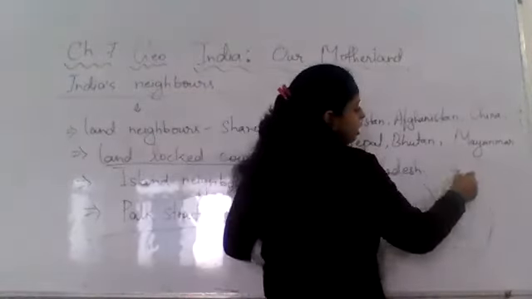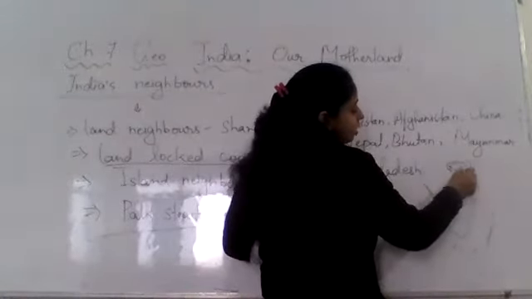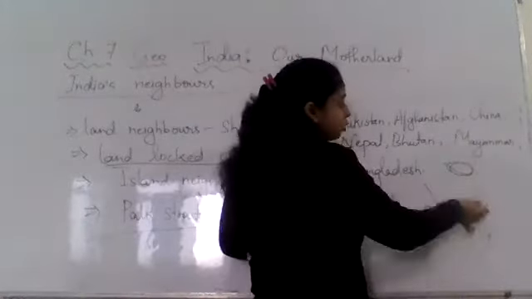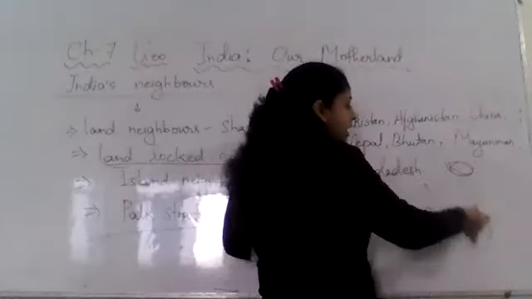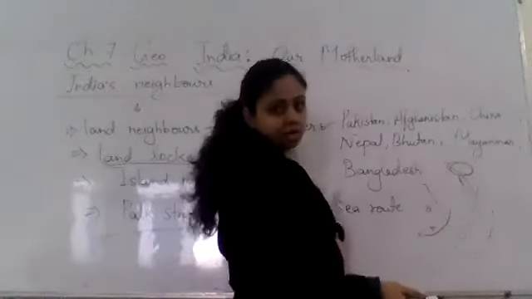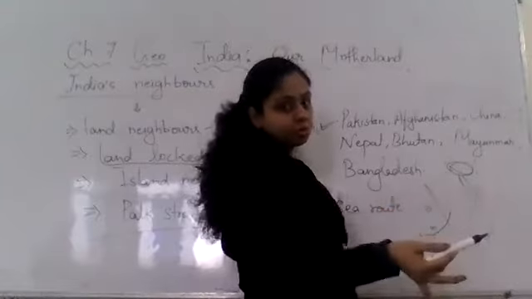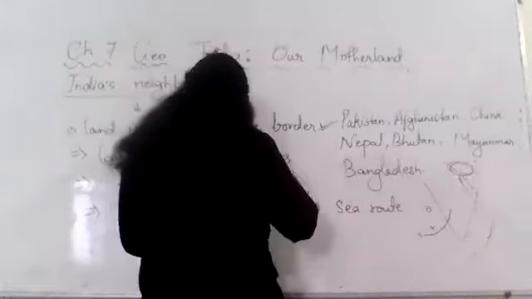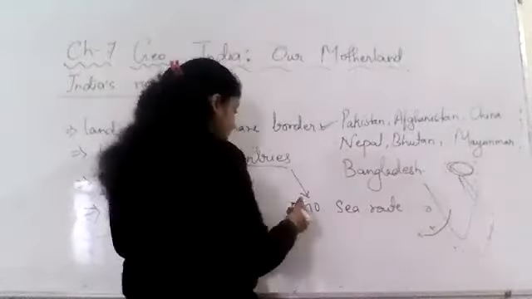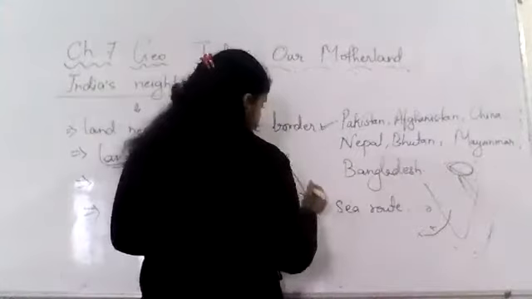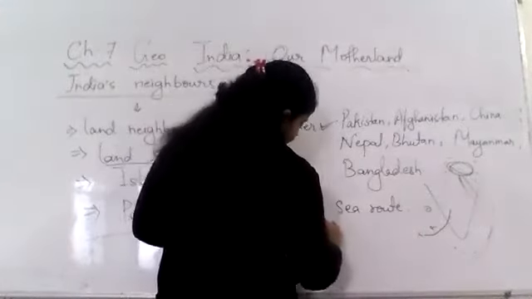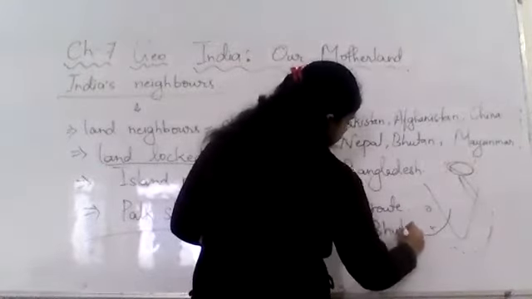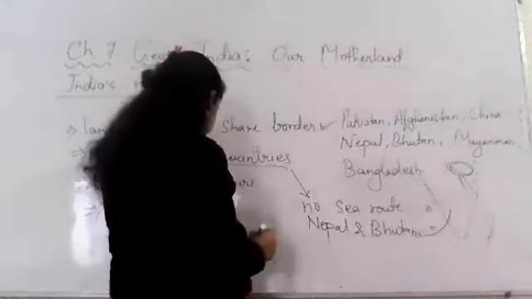But there are some countries which from all sides have land. They don't have a sea route. So in that case, we give them the sea route. Understood? We give them a route to go. So like that we have Nepal and Bhutan, which are landlocked countries.